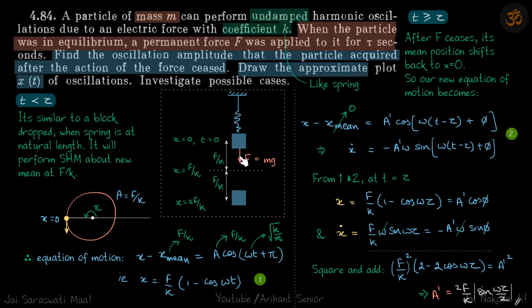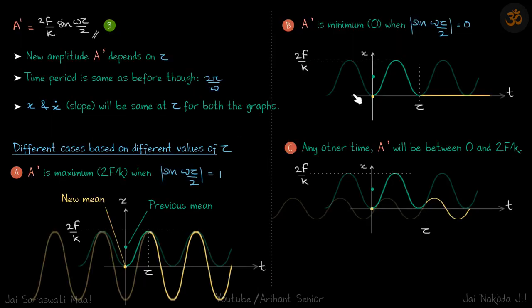So the particle is performing SHM like this under gravity, let's say. When the particle is here and then gravity stops, the particle will stay here because the spring is at its natural length. The particle is performing SHM like this, and if it stops here, then it will not move further.